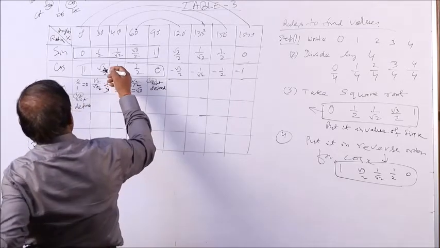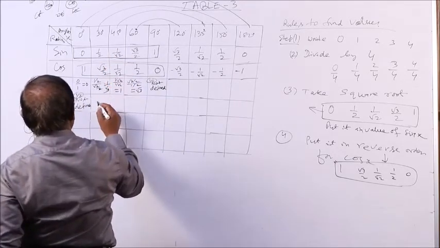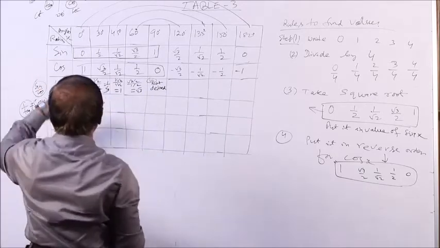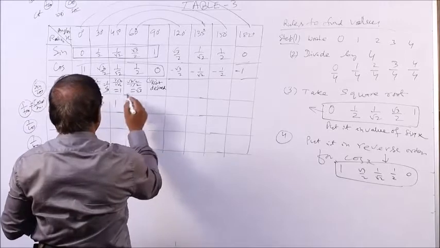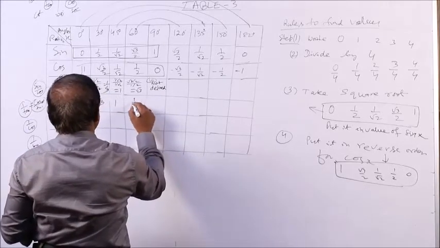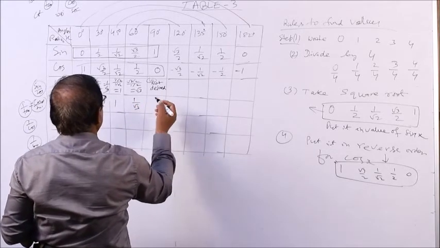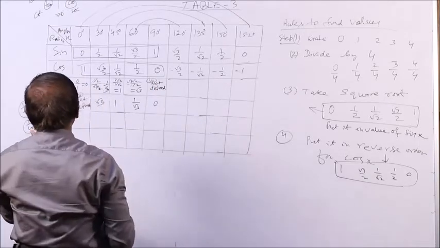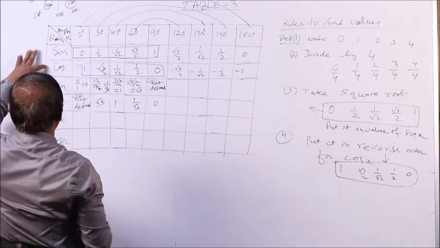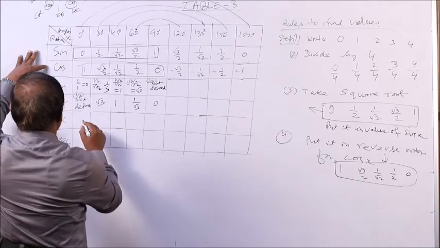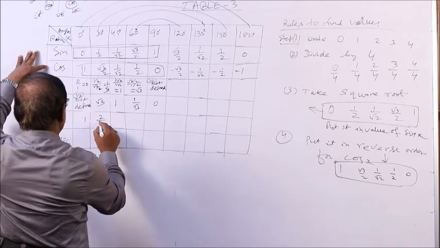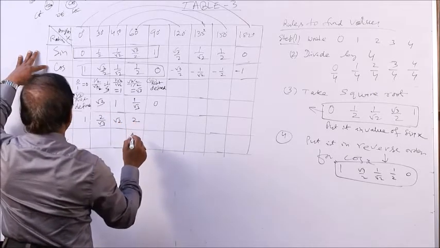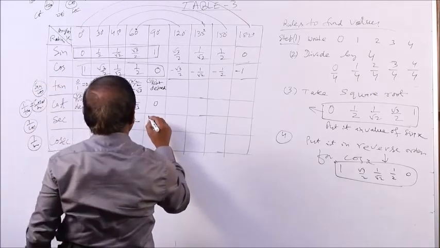Here this becomes root 3, it is the reciprocal, just invert it, 1 by root 3, this is 0. Here sec is its reciprocal: 1, 2 by root 3, root 2, 2, not defined.